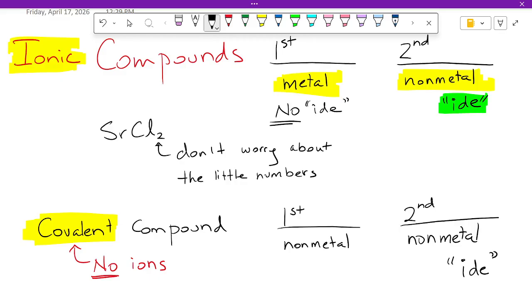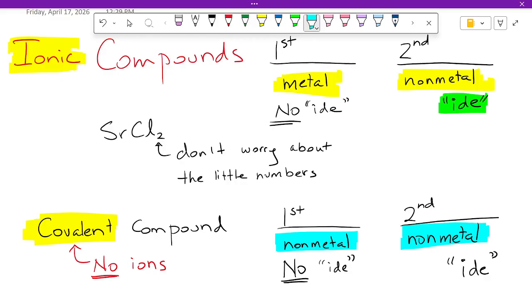Yeah, we're going to keep it the same. There's no "ide." And what's different about covalent compounds is we do have to worry about those little numbers.